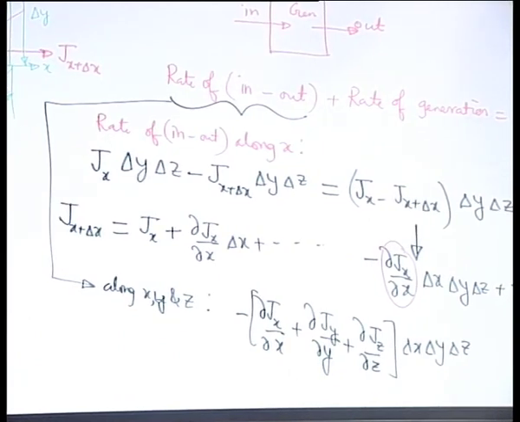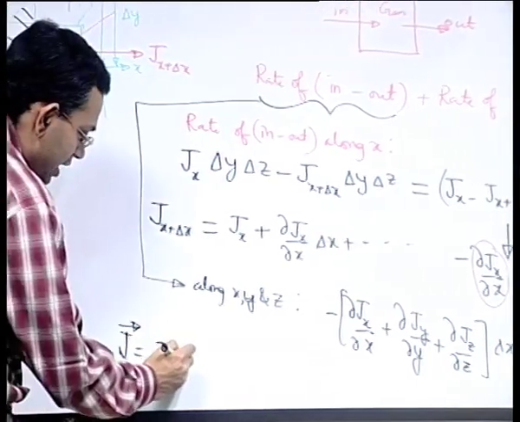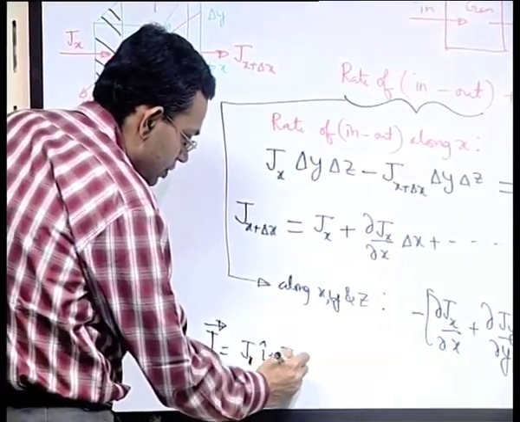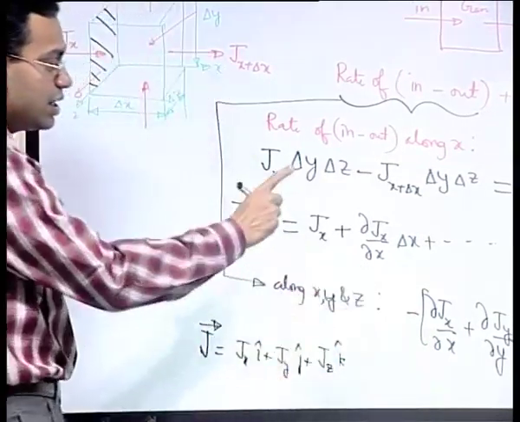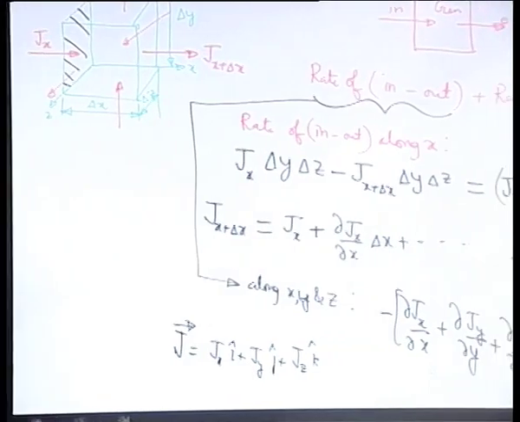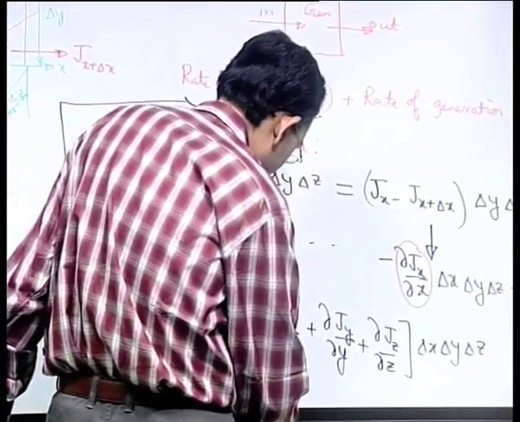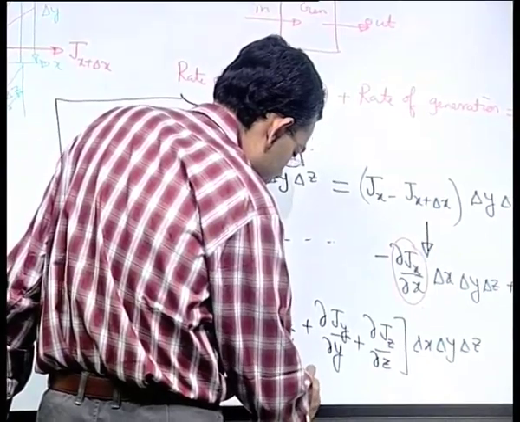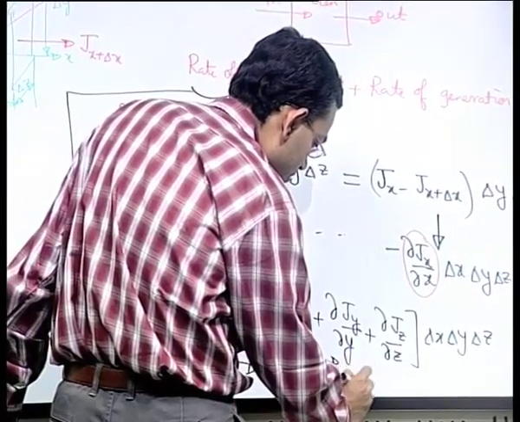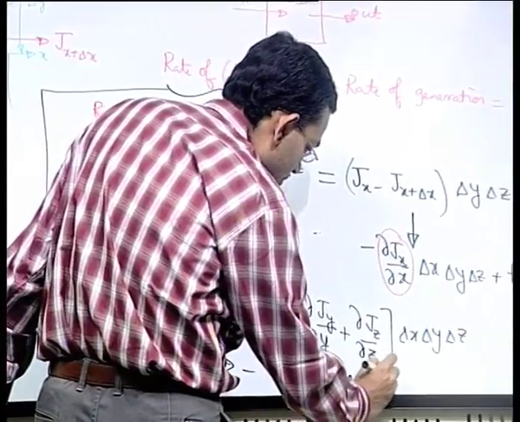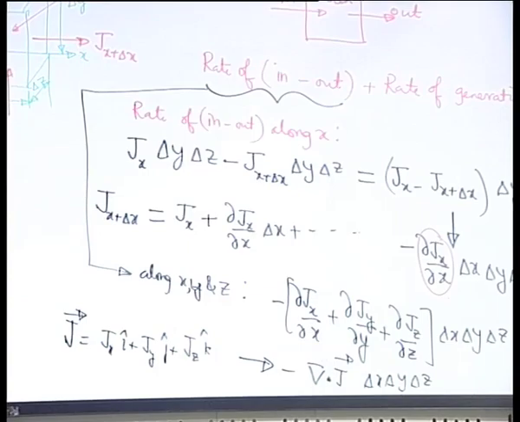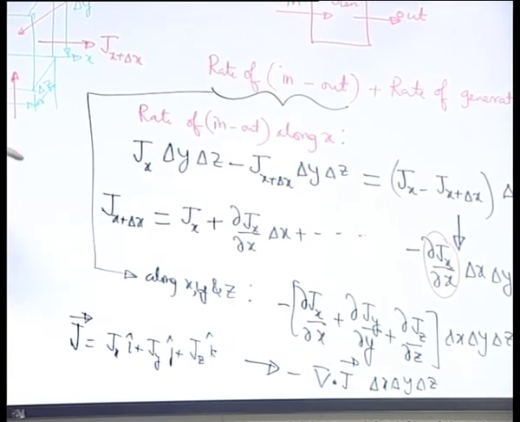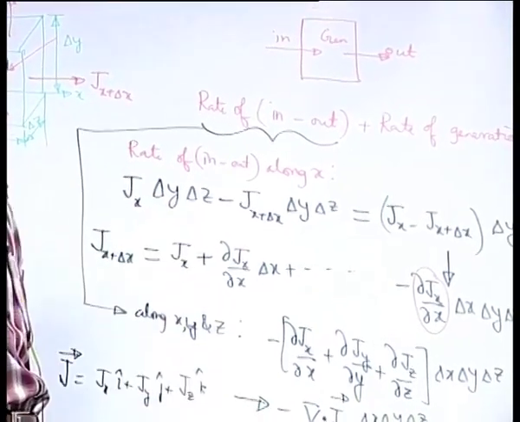So if you consider the flux as a vector with components Jx, Jy and Jz, then this is the divergence of the flux. So, this is nothing but minus of the divergence of J. So we have been able to mathematically express to some extent the rate of in minus out.